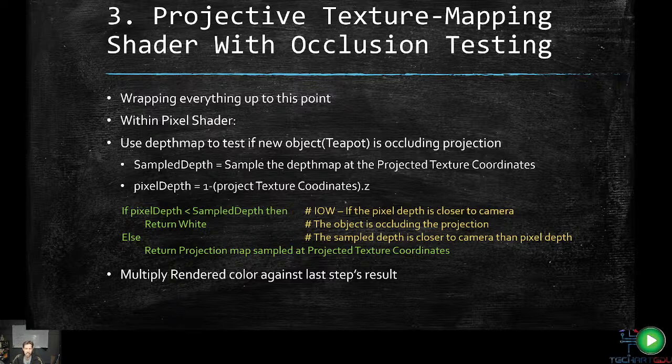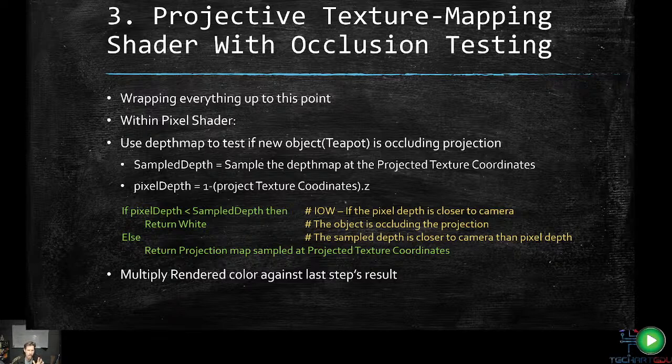It's black and white, so it's either white or black. Basically what we're projecting is black, and white is just going to be transparent. So we kind of cheated with that.